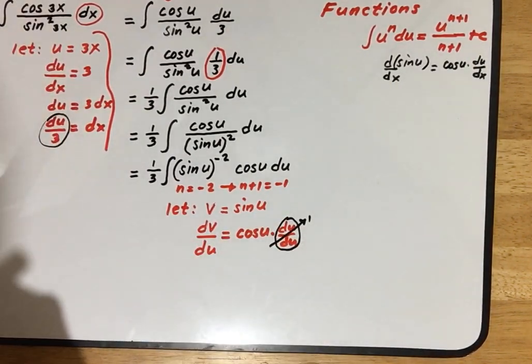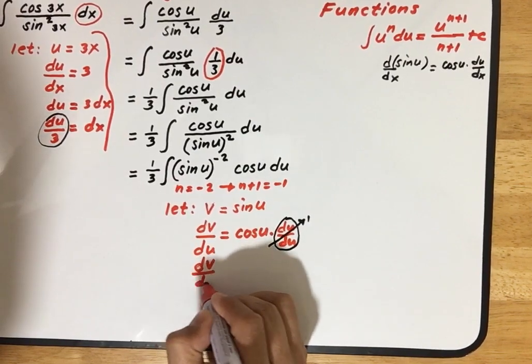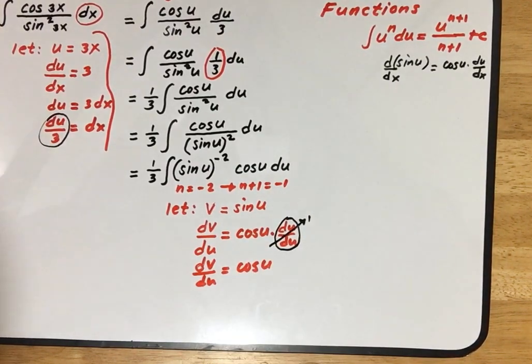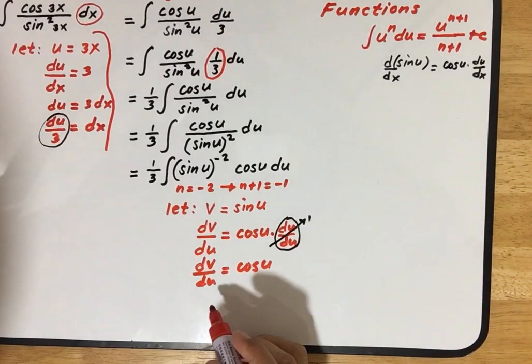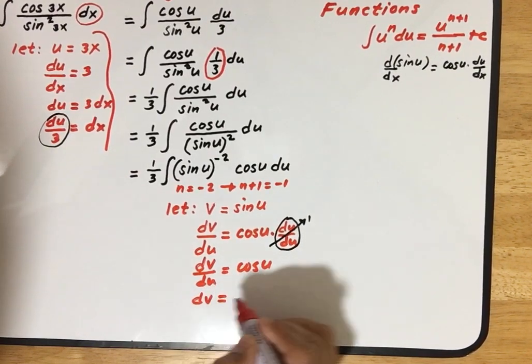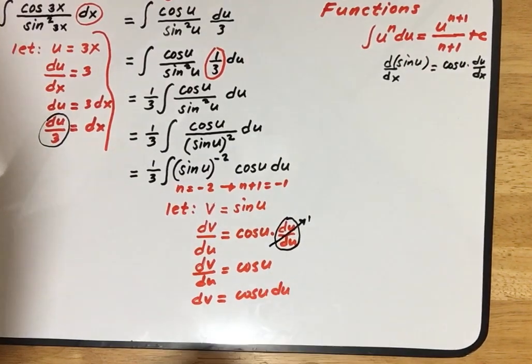So therefore, our dv over du is equal to cosine u. Or solving for dv, we have dv equal to cosine u du.